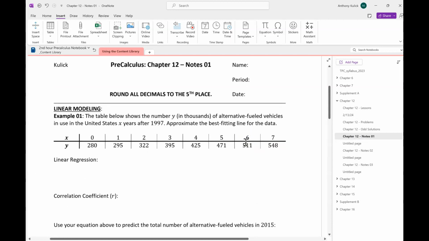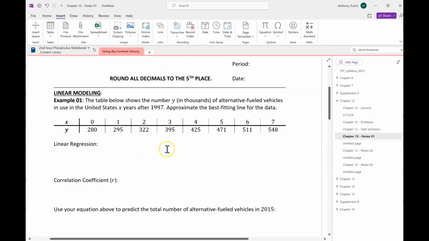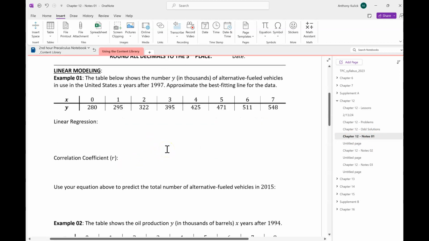Try this one. So this is all in OneNote, right? You could literally do this. I'll put keys in later.